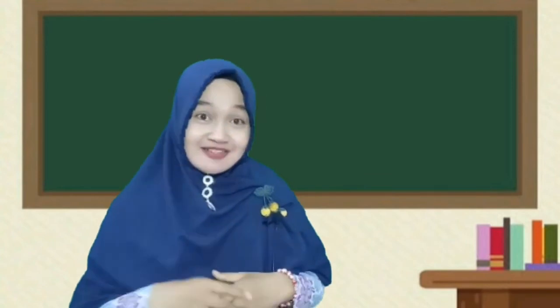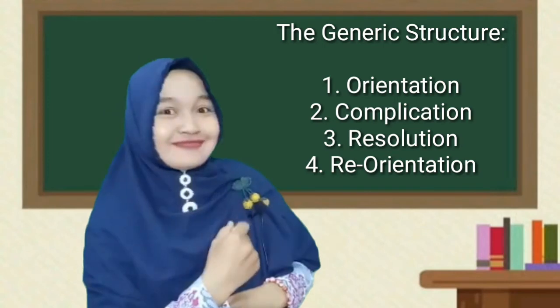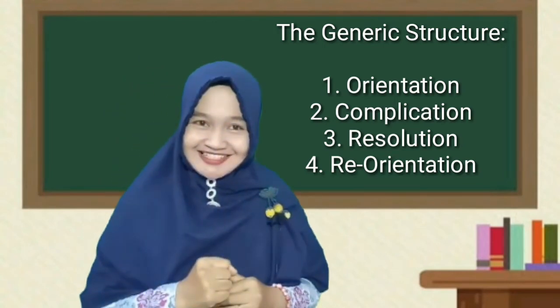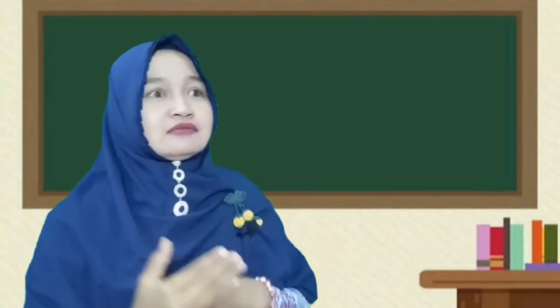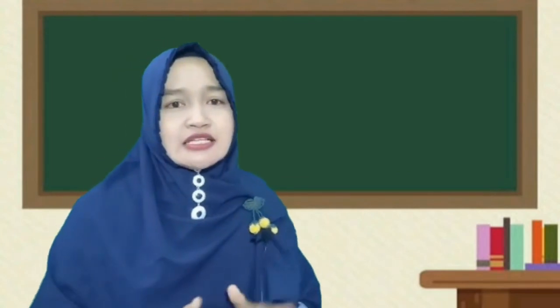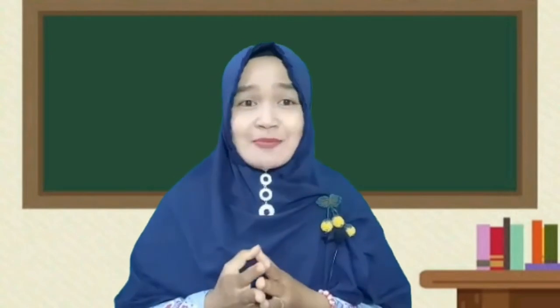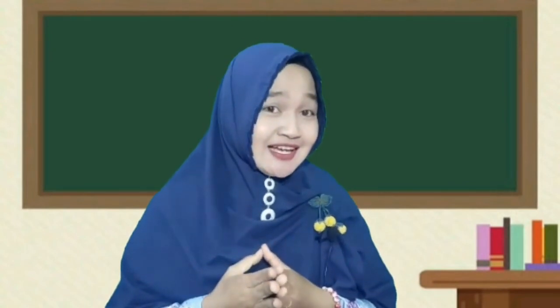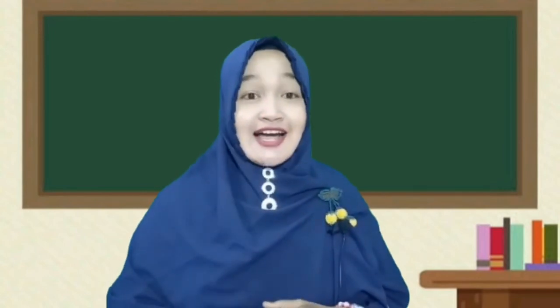How about the generic structure? Have you got it? Okay, and then the third is some information about the story. Ya, jadi yang ketiga adalah berbagai informasi yang ada di dalam cerita. Bagaimana kita bisa mendapatkannya?